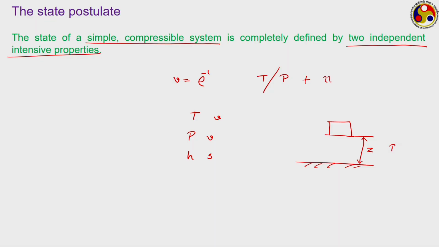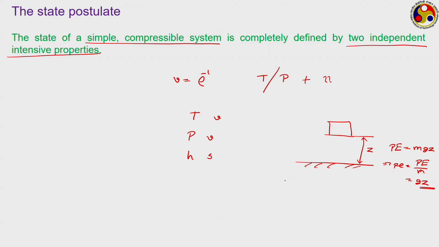The potential energy of the system will be equal to m g Z, or per unit mass, potential energy per unit mass is equal to g Z. Now, g being a constant, this Z is the third parameter that we have to specify to have an idea about the corresponding potential energy.